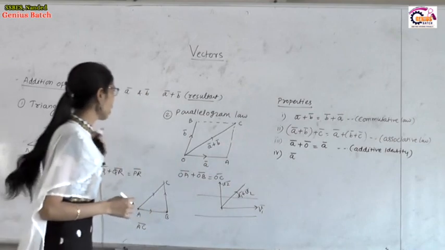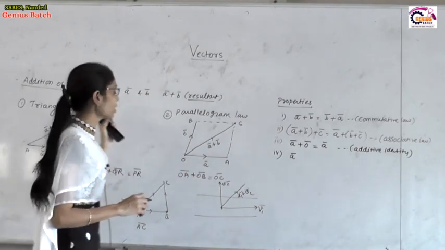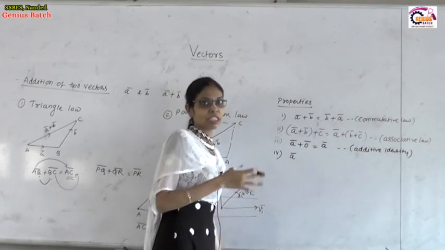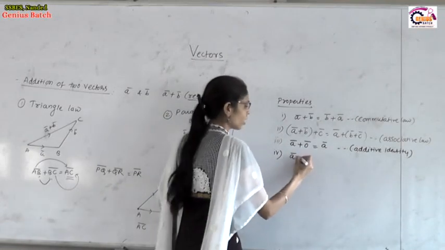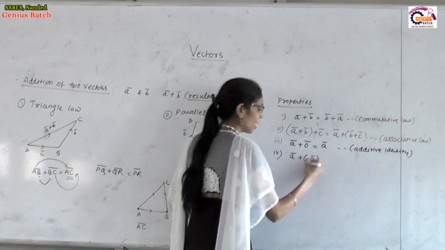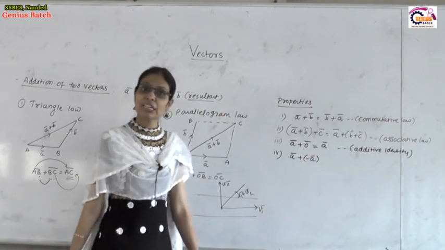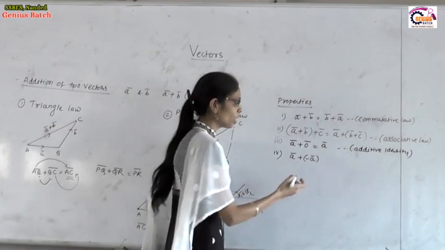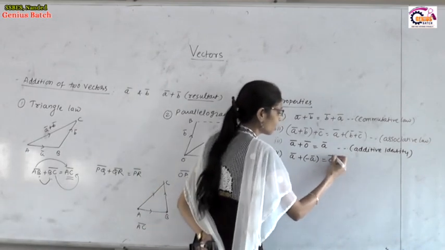Just now we have discussed what the negative of a vector is, right? The first definition we discussed in this session is the negative of a vector. It has the same magnitude but opposite direction. So if a vector is added to its negative vector, you will get a 0 vector.